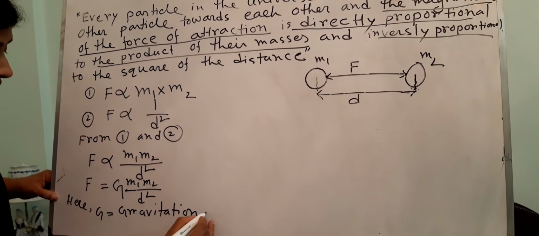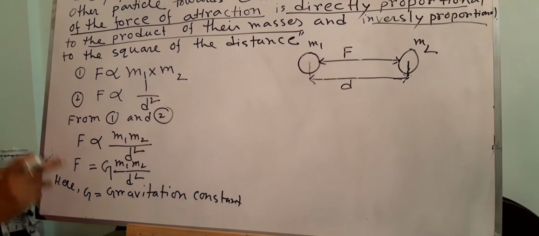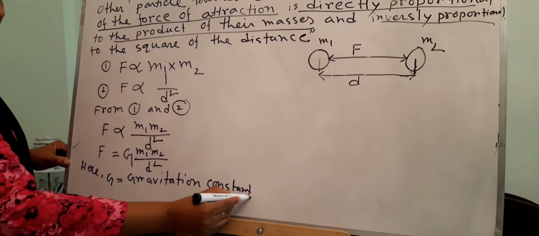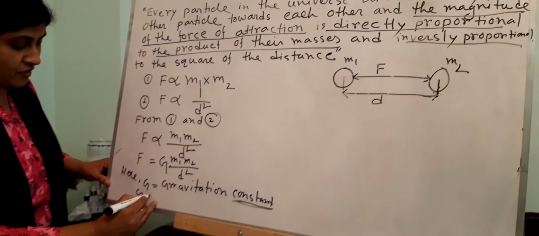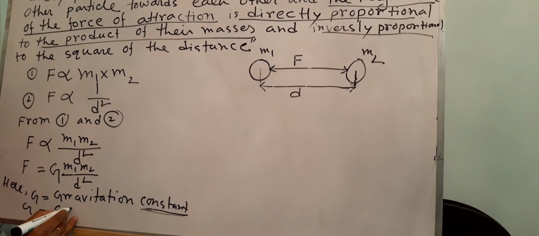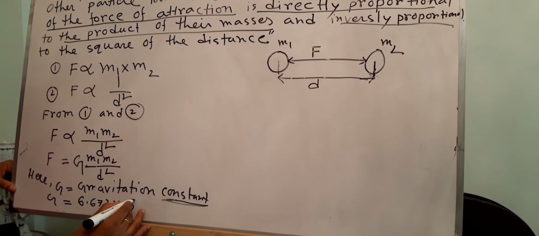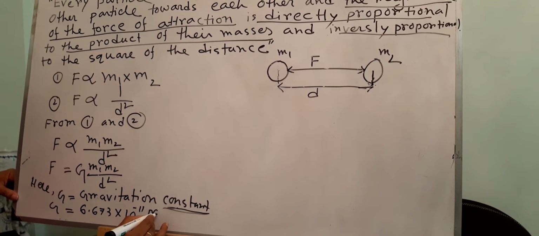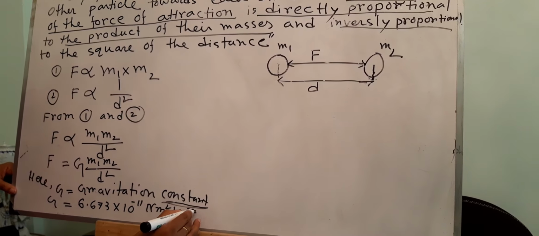It has a specific value because it is a constant, always the same everywhere. So I can write the value of capital G: 6.673 into 10 to the power minus 11 Newton meter square per kilogram square.